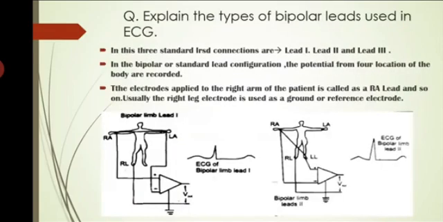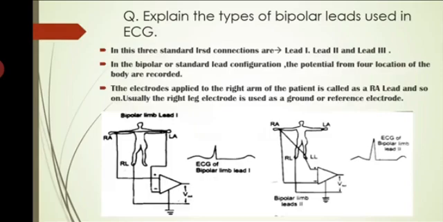Now we will see the types of bipolar leads used in the ECG. In ECG measurement, different types of leads are used. First are the bipolar leads, which we can also call standard leads. The three standard lead connections are lead 1, lead 2 and lead 3.